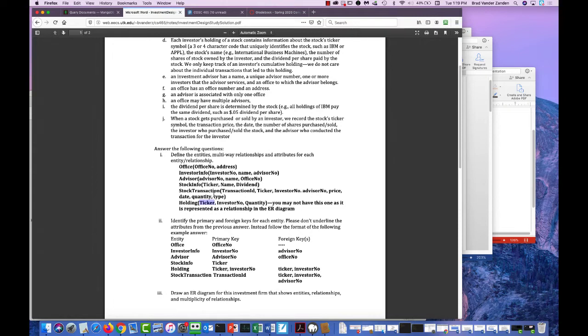So we've pretty much identified office as an entity. And we've identified an advisor as an entity. We've identified an investor as an entity. And we've pretty much identified a stock as an entity.